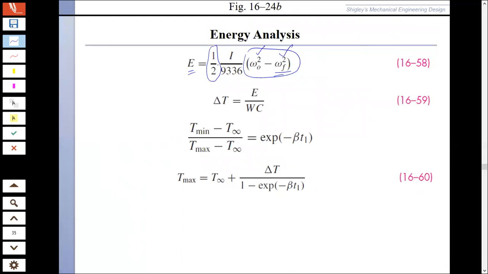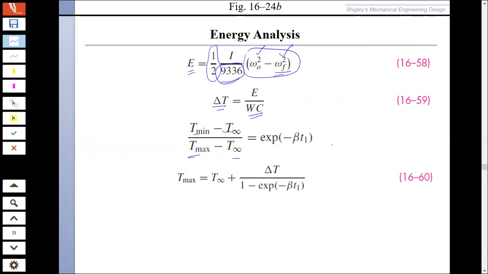So that is the kinetic energy, half mv square. So this is half I omega naught square minus omega f square divided by the conversion factor from heat to energy and energy to heat. So basically your delta T is equal to E over WC. If we set T max minus T ambient equal to exponent of minus beta T1.